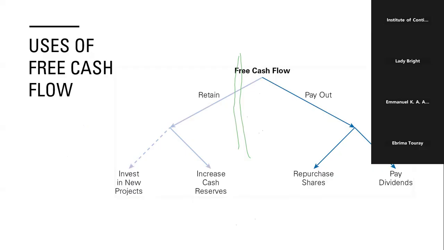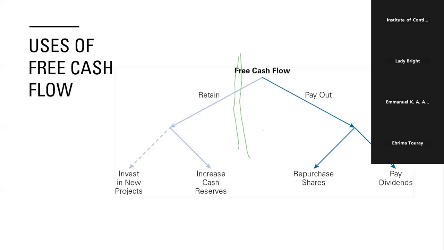If you retain, you would want to retain to invest in new projects. It's like you made profits. You don't want to give it out. Let's go into new projects so that this profit can earn more. Or you may just want to increase your reserves. But if you want to give out, which is the payout option, then you have two options.